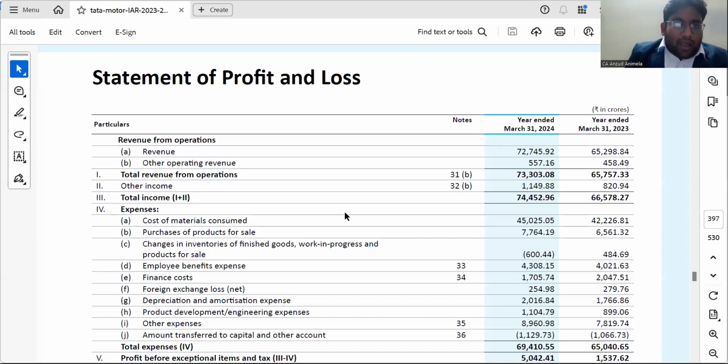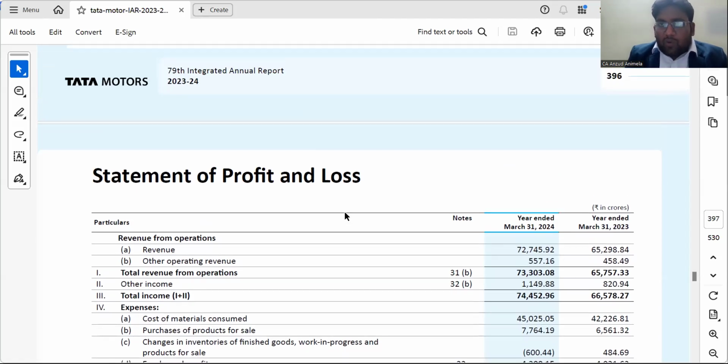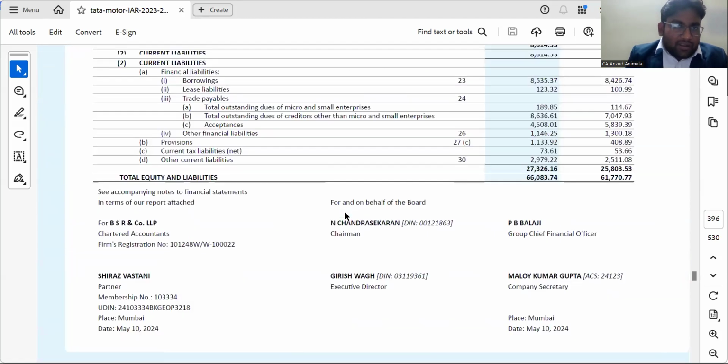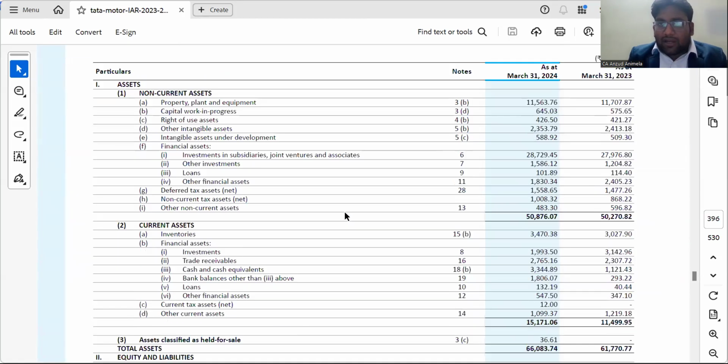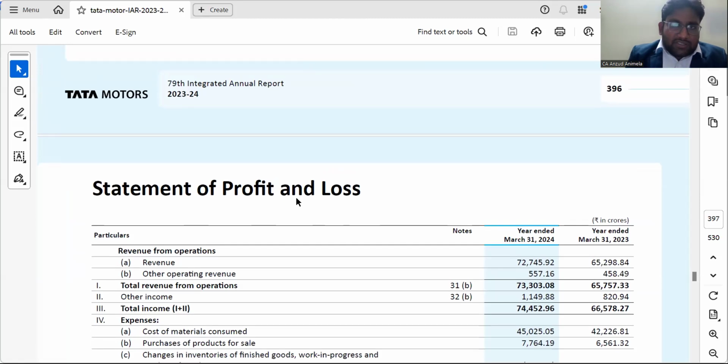Now, this is the statement of profit and loss account, one of the components of financial statements, and this is the balance sheet, another component of financial statements. These financial statements are for the financial year 23-24 of the company Tata Motors Limited.